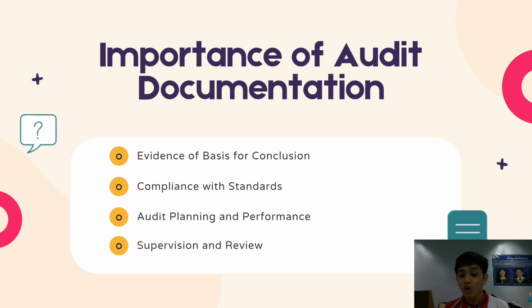This means that the auditor must document how they evaluated the information obtained and why they reached a particular conclusion. Of course, we need to know the basis for that conclusion, and that is included in our audit documentation.